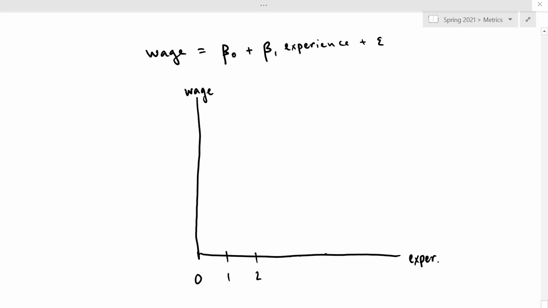And so let's say the intercept starts here maybe, and as you have more experience, your wage increases, and it is just a linear function that continues on linearly indefinitely.